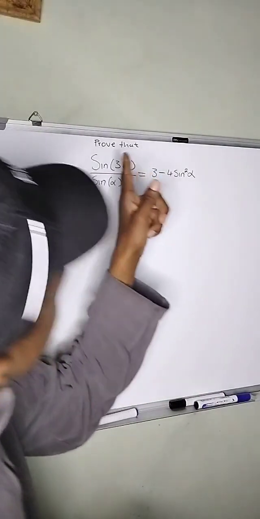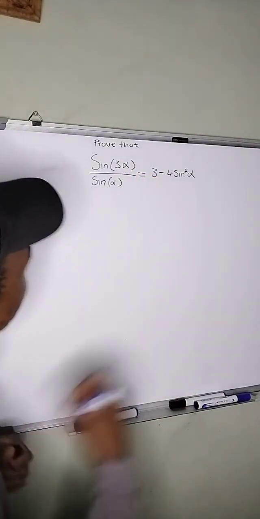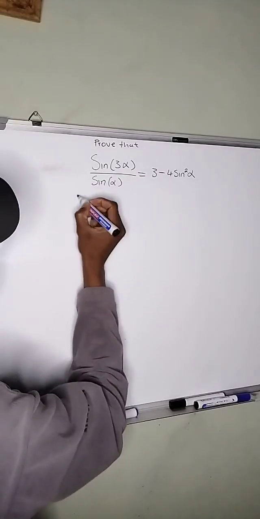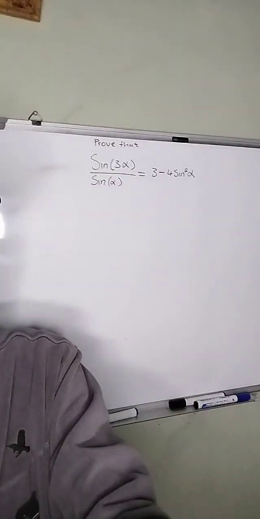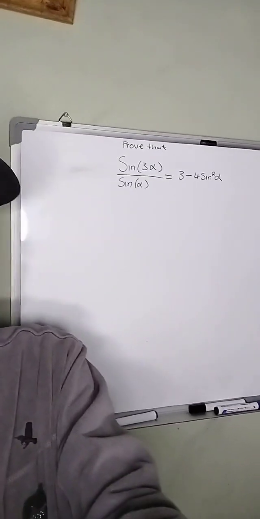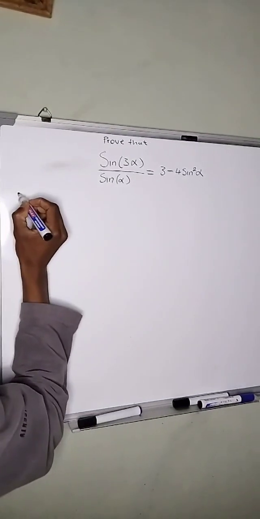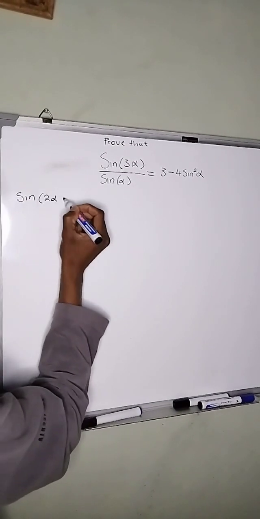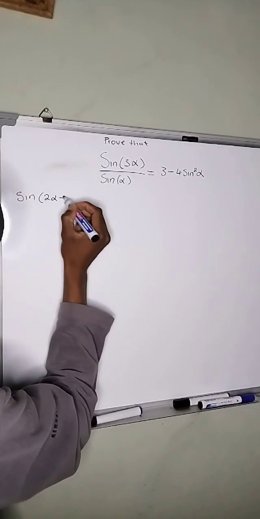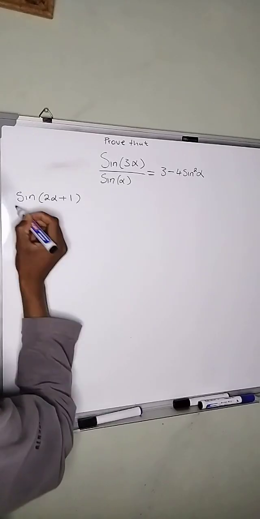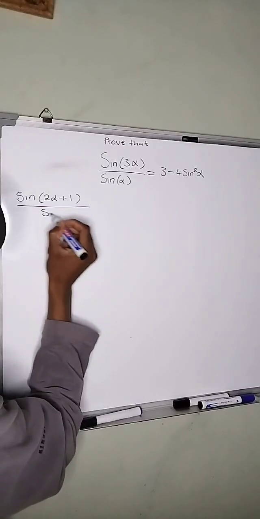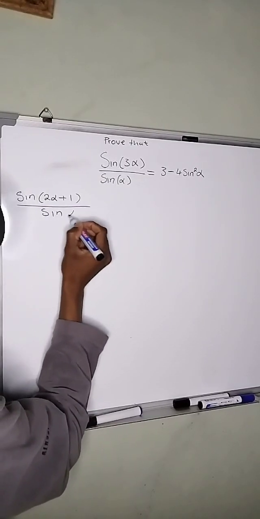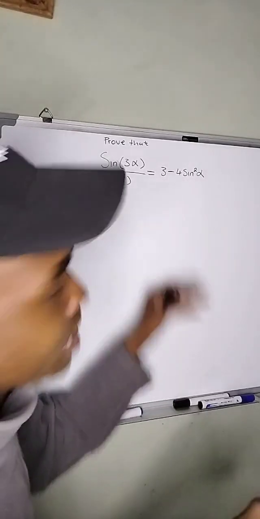So I'm going to change this into sine 2 alpha plus 1 over sine alpha, equals the right hand side.